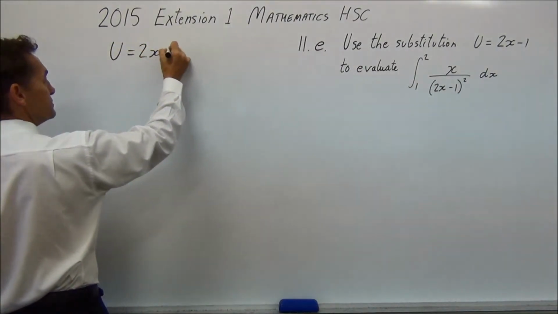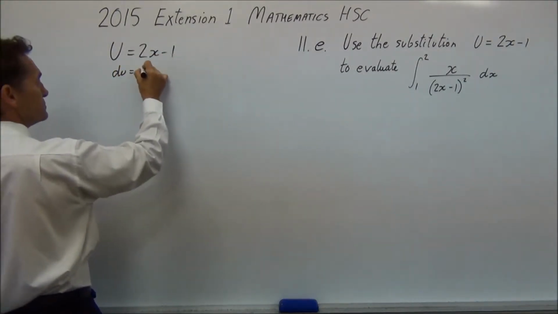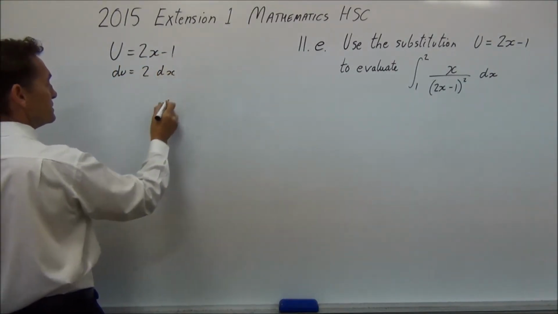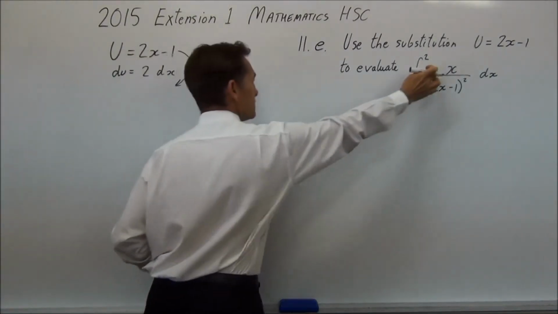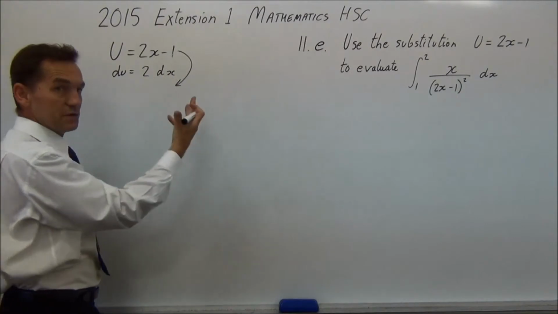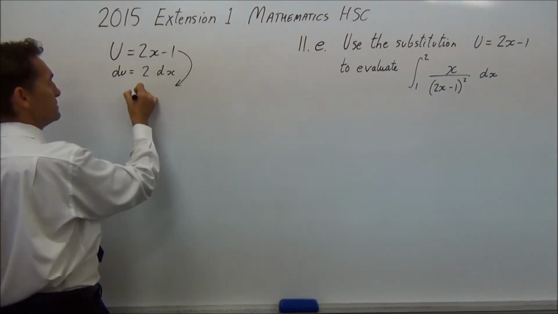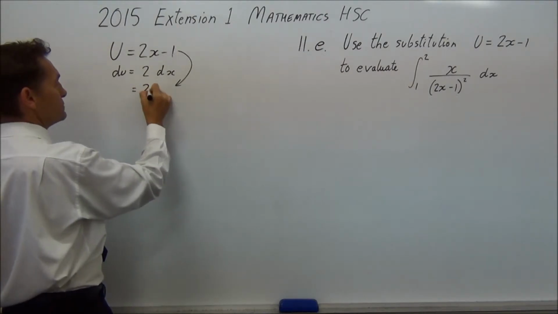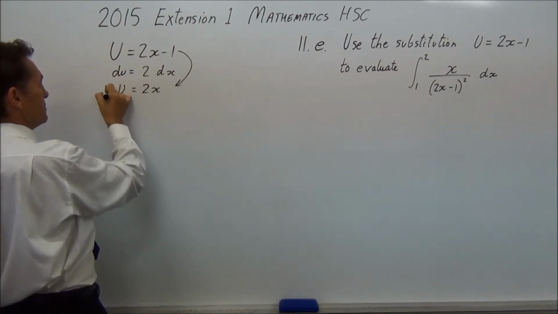u equals 2x minus 1, du equals 2 dx. You will have to use this again because you've got an x on top and that's only a 2. So let's reorganise this. So we now have 2x, add that, so you're going to get u plus 1.